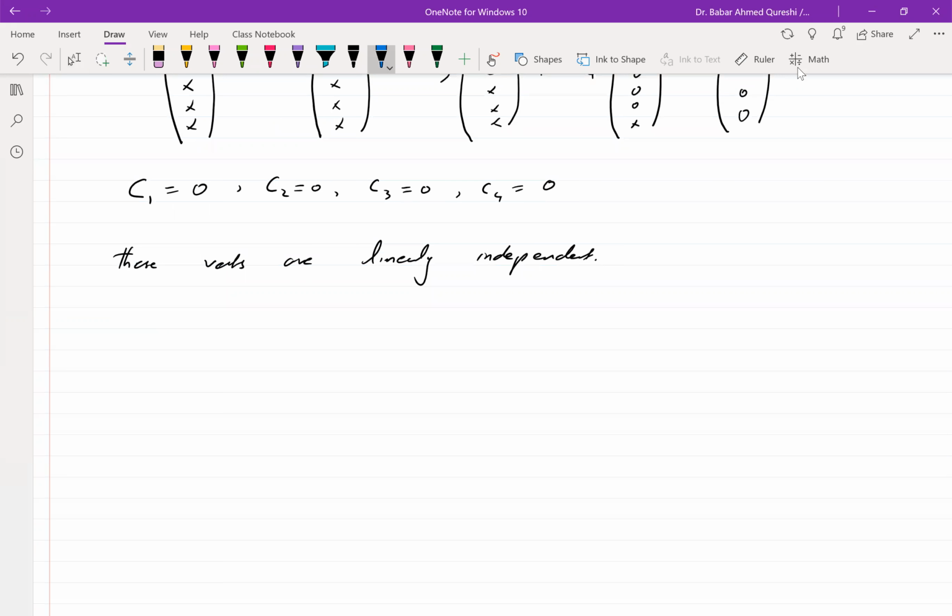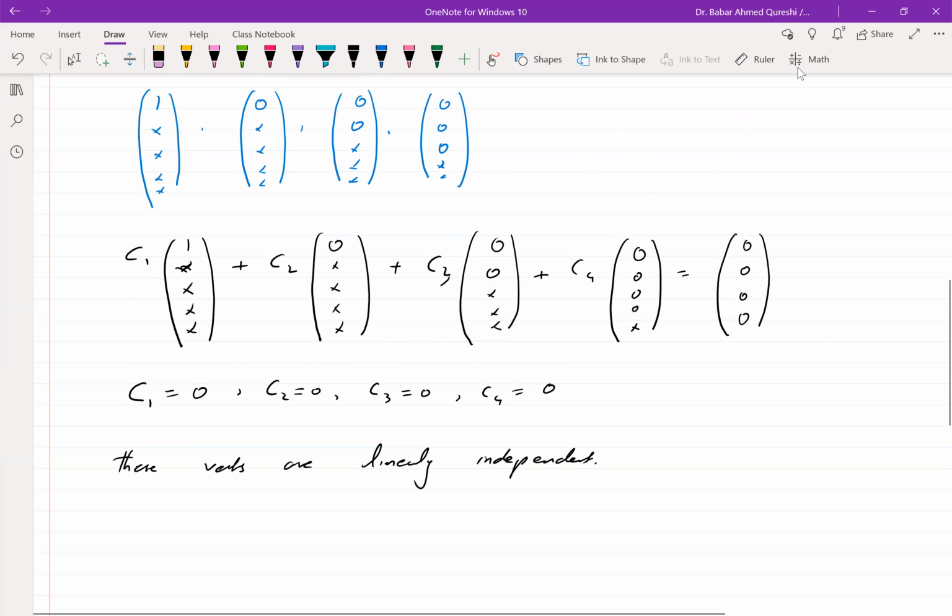If you have, just for fun, let me take another example. Well, let's just stop here. So these are linearly independent.